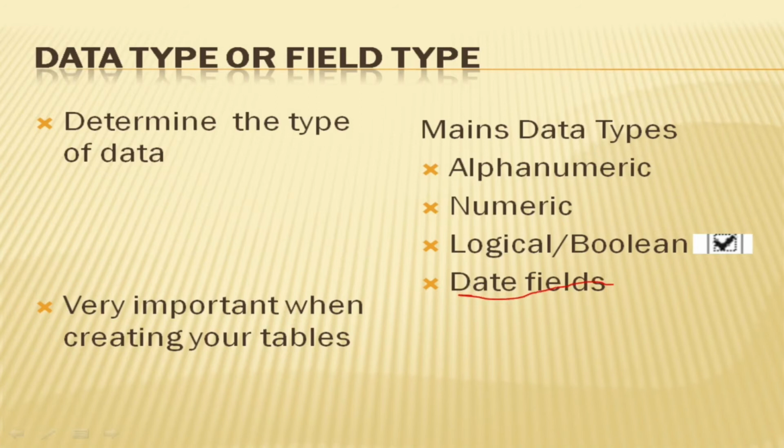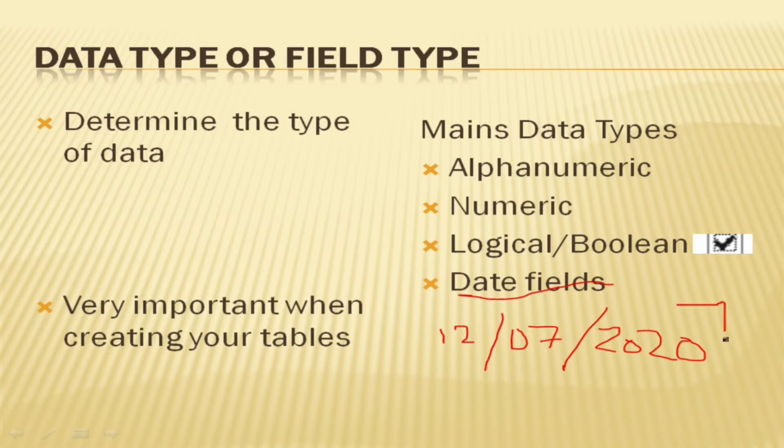Alright, the last field type that you need to know about is the date field type. A field of this data type stores dates in terms of days, months, and years. A date field can display the date information in different formats. For instance, in some formats you can have the day first, then the month, and then the year, for argument's sake, 2020.